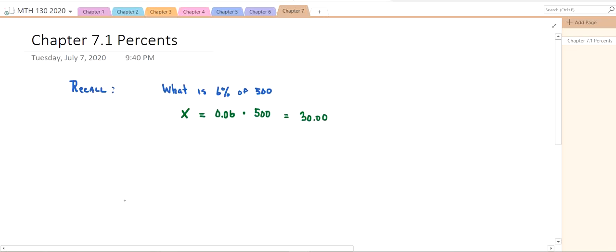So we're going to use these type of ideas in business applications. And the first thing we're going to talk about is, say, a discount, like a sale at the store. So I'm just going to jump right in and ask the question.